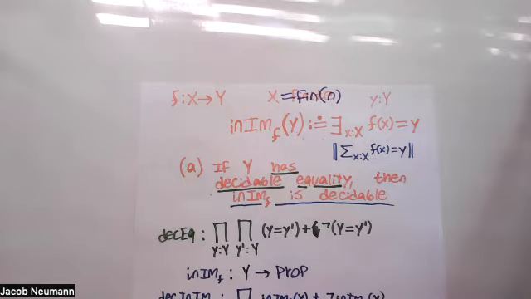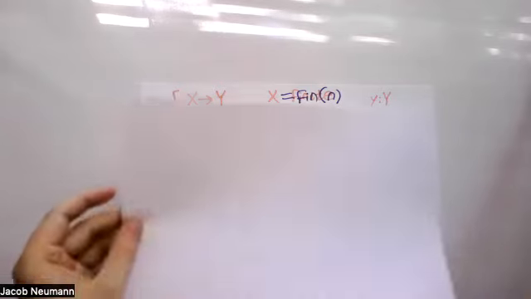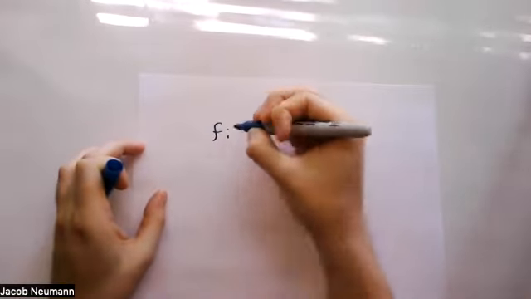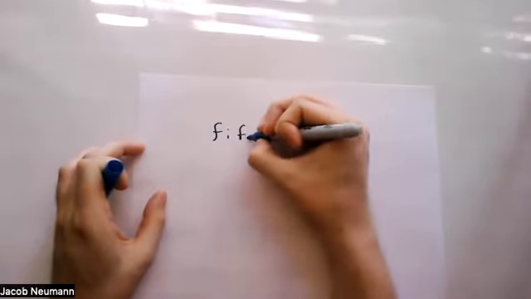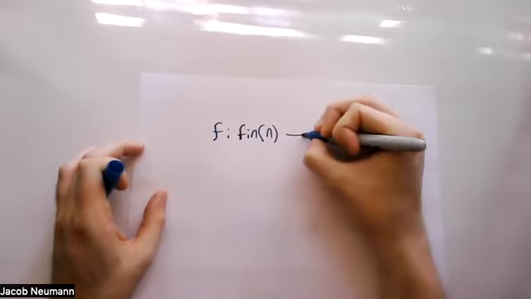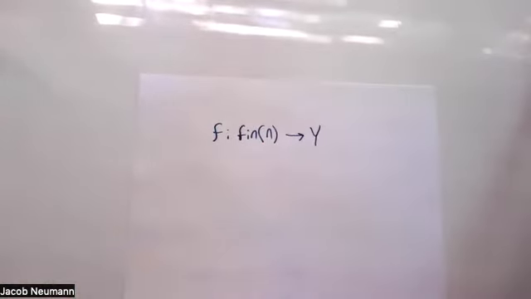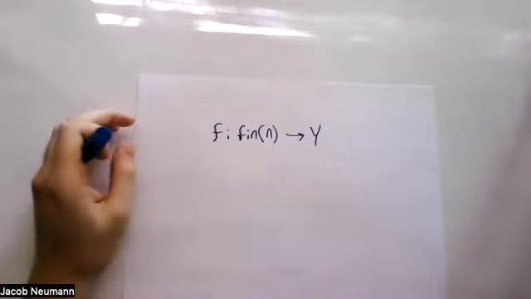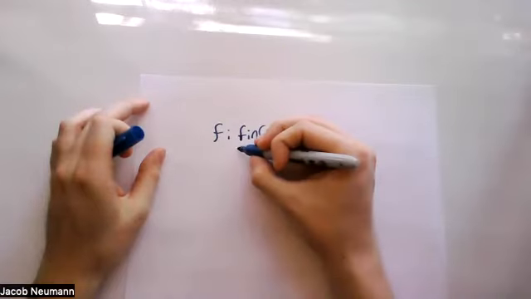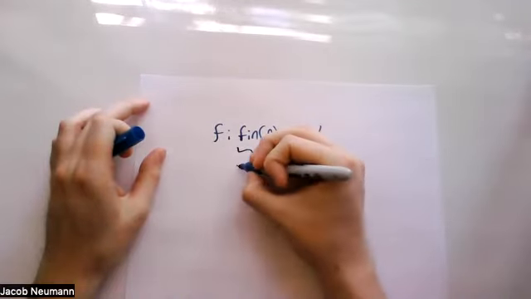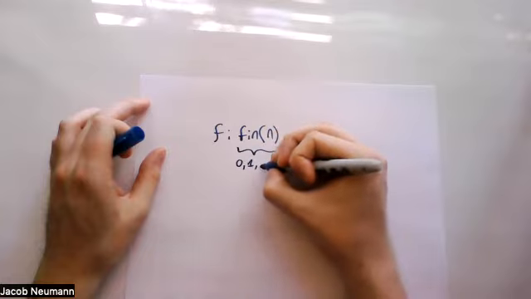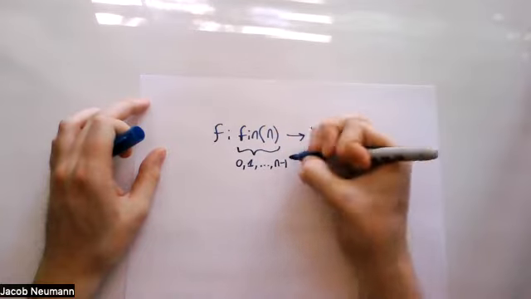One further thing I'm going to need: now that I'm assuming that X is Fin n, that gives me that this function f that I'm given goes from Fin n into Y. Remember that Fin n is the type of 0, 1, all the way up to n minus 1.